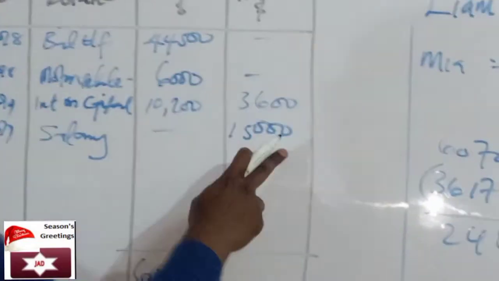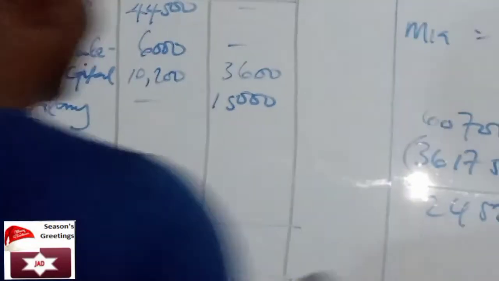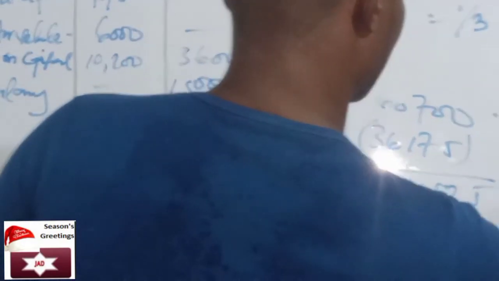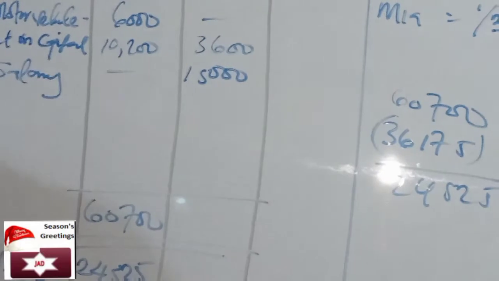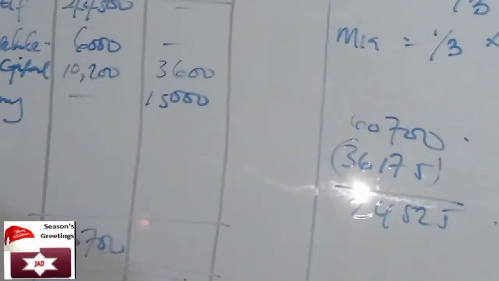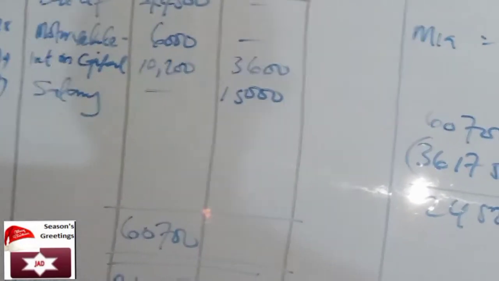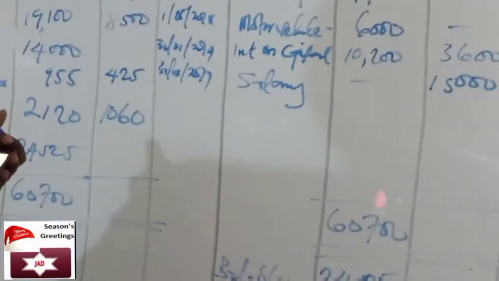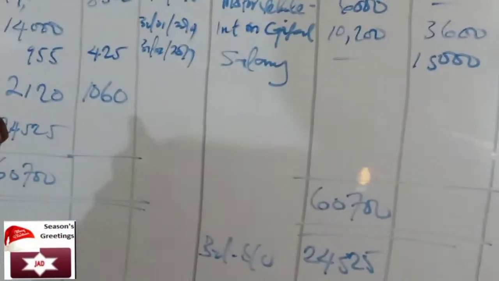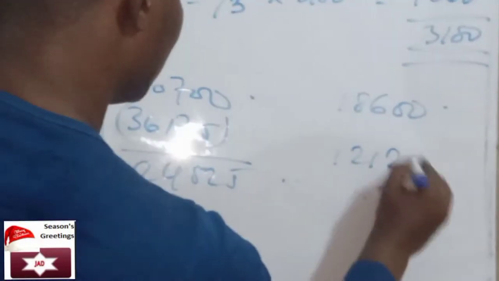So let's go for Mia. I can see 15,000 and 3,000, that's 18,600. On the debit side I have 2,140 plus 8,500 plus 425 plus 1,060, which is 12,125.